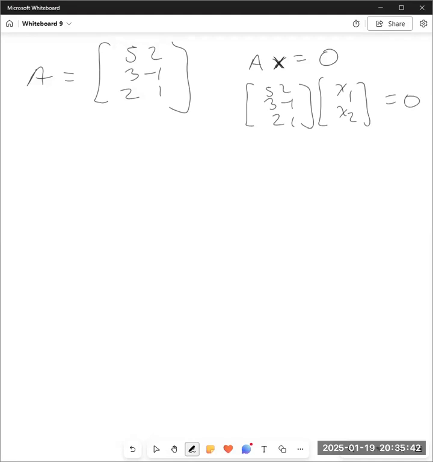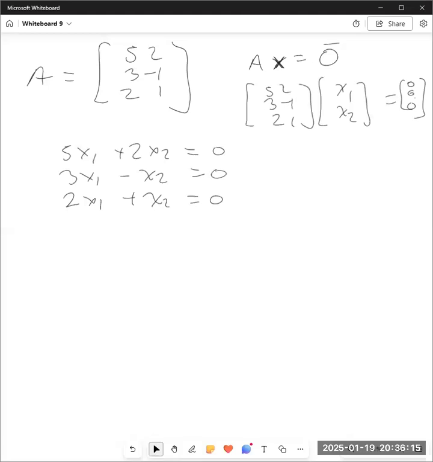So that sets up the equation. 5x1 plus 2x2 needs to be equal to 0. This is the 0 matrix, 0, 0, 0 on this side. 3x1 minus x2 equals 0, and 2x1 plus x2 equals 0.